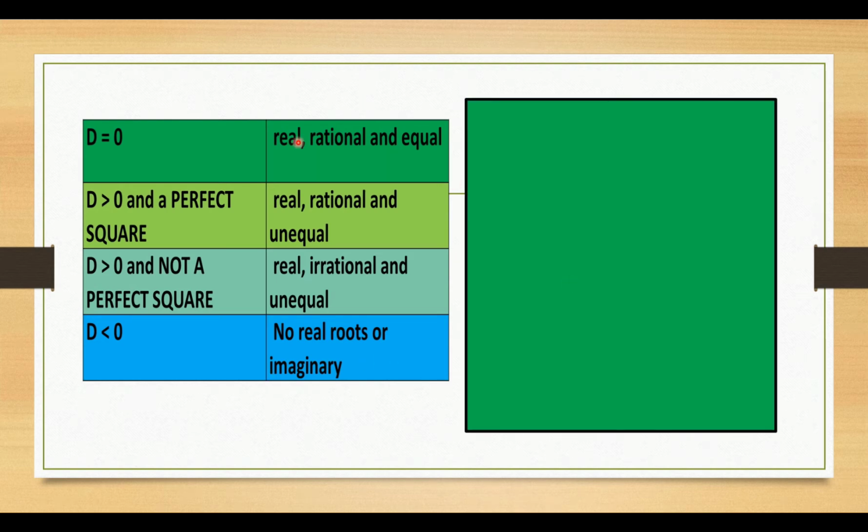What does the D represent in the four cases? The D here is called your discriminant. And the formula in solving your discriminant would be D is equal to b squared minus 4ac.